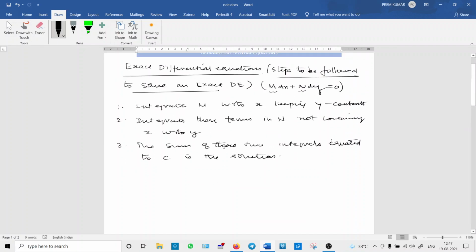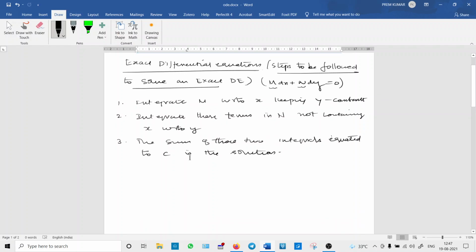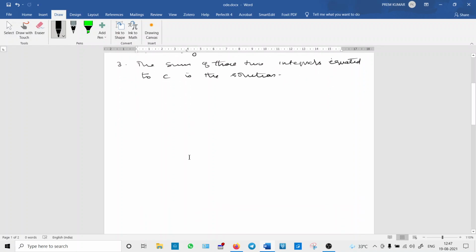Now we will go to the problem. First, see the first step, second step, and third step you have to follow to solve the given exact differential equation. We are going to see the problems now.